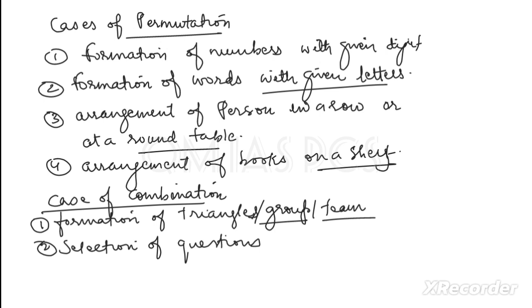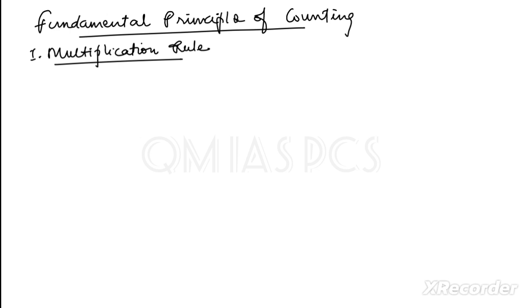So now next thing is we have to understand the fundamental principle of counting. If you understand this topic, your permutation combination topic will be very easy then. So let's begin. Fundamental principle of counting. First thing is multiplication rule.